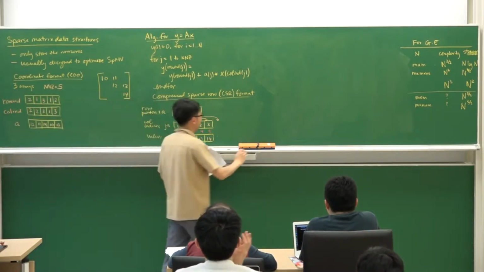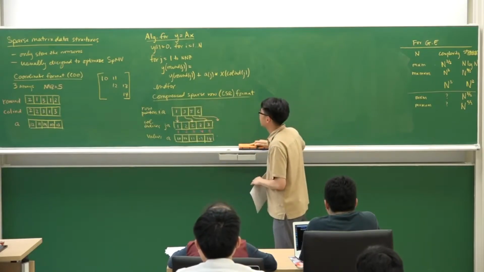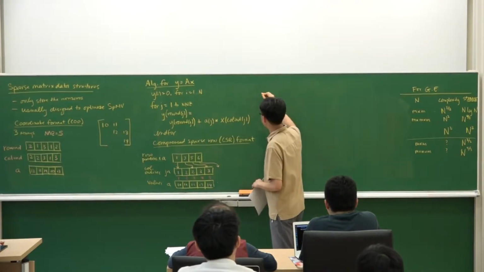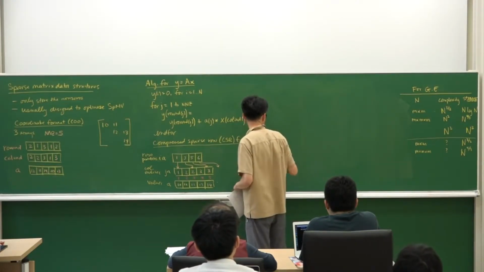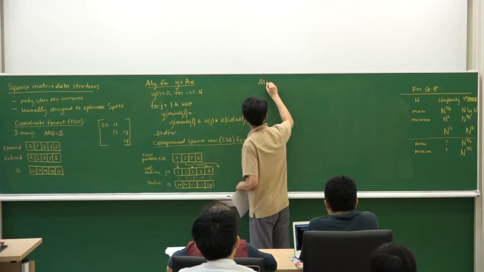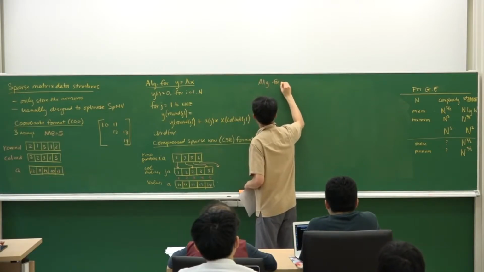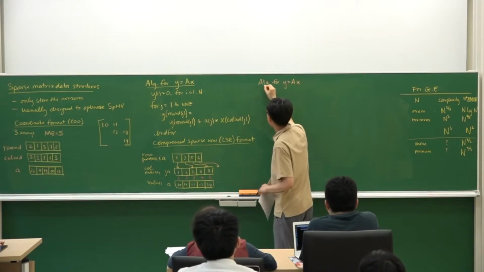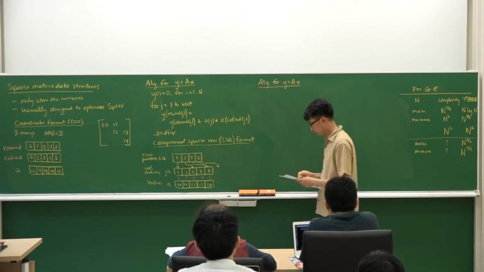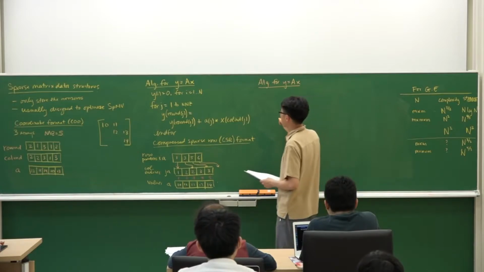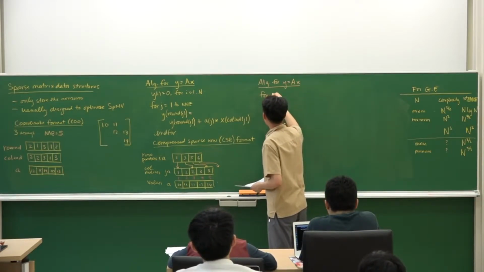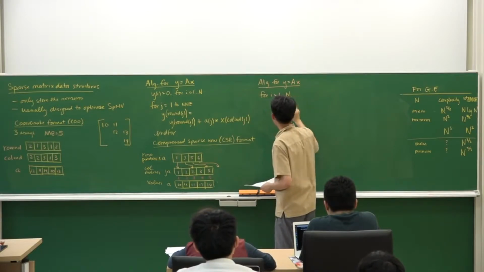And I'll also write down the algorithm for multiplying, so the algorithm for y equals Ax. Okay, so first we're going to loop over all of the rows for i equals 1 to n.